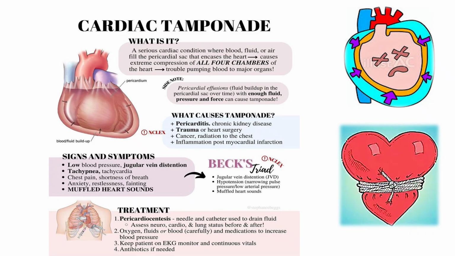You better keep those dialysis appointments. It can also result from infection, surgery, like any type of cardiothoracic surgery, because remember, that's a form of trauma, cancer, aortic dissection, a heart attack.